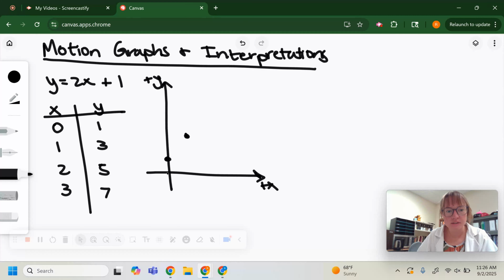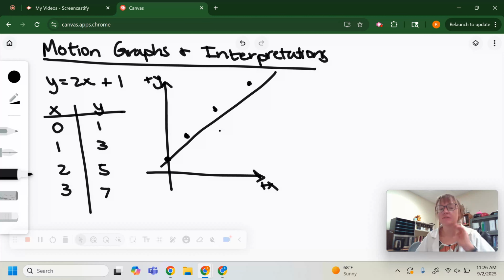And if I have 2x, that's 5y, so 1, 2, 3, 4, 5. And if I have 3x, that's 7y, like this. Then you would say, I have found a graph, and you would create a best fit line that would be much better than mine because it would actually trace through your points.